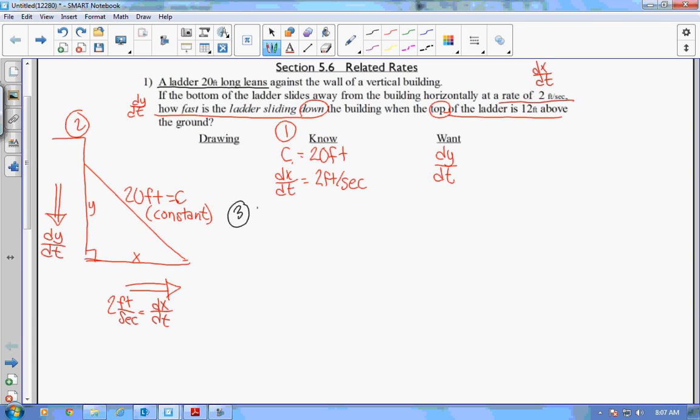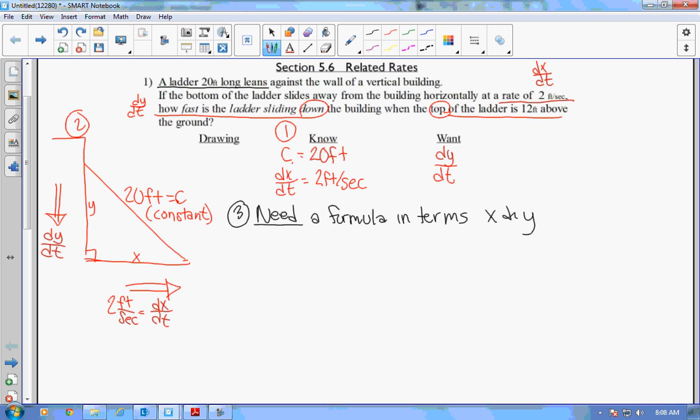Okay, we need a formula in terms of our two rates of change. We have an x and a y. What type of formula involves a right triangle where we're looking at the lengths of the legs?